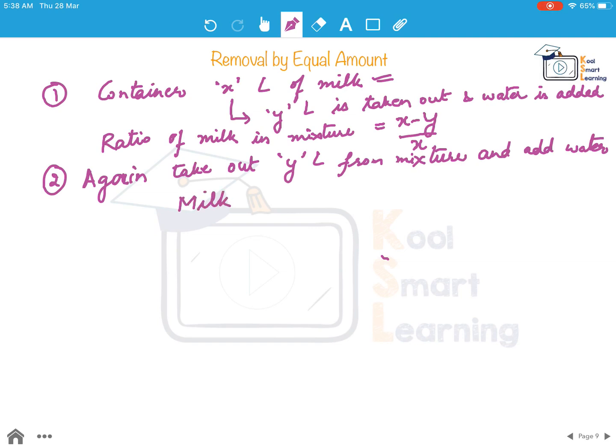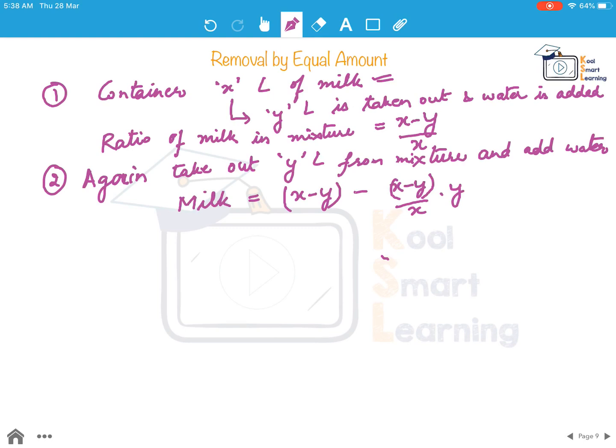How much milk will be remaining? Initially we had X minus Y milk, out of which X minus Y by X into Y is again taken out.